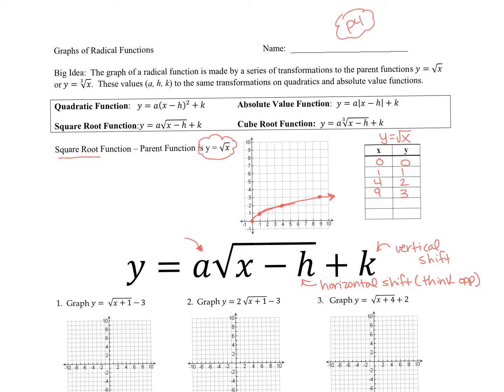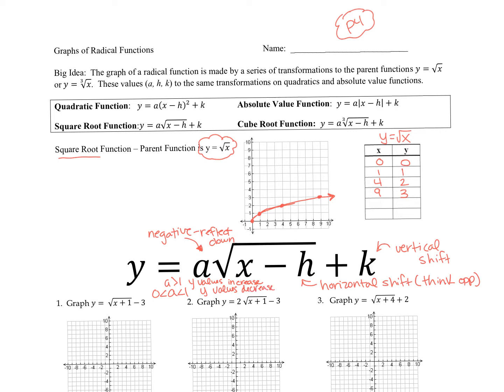First of all, if my a is negative, then I know that it's being reflected down. If my a is a number greater than 1, then my y values increase by that number. And if my a is a number between 0 and 1, then my y values decrease by that number.